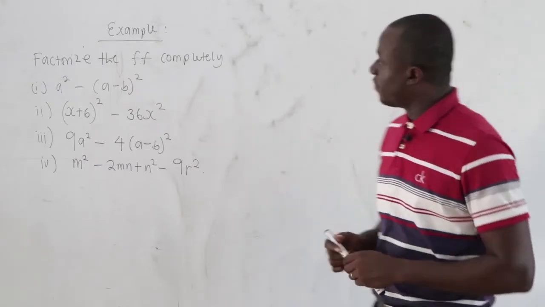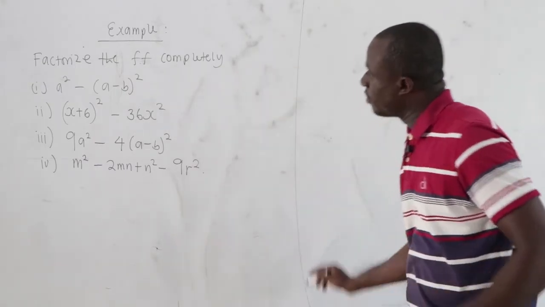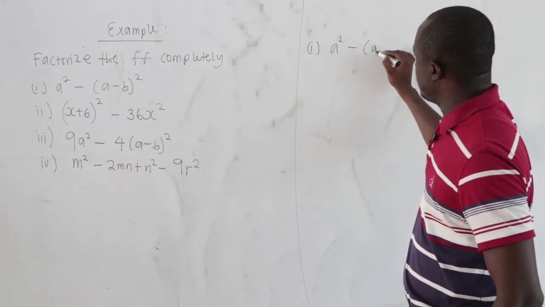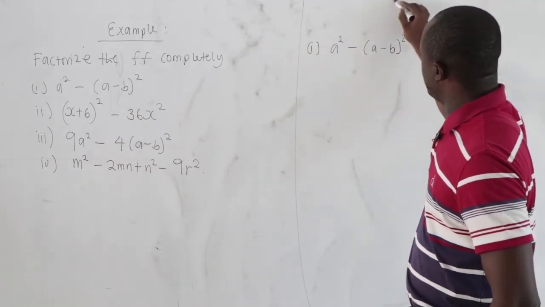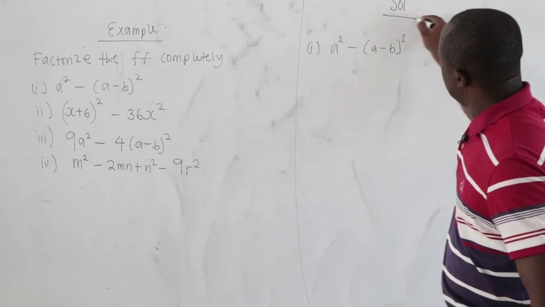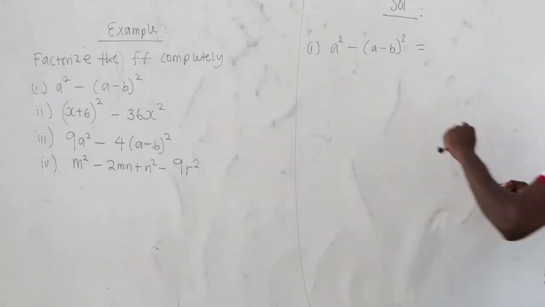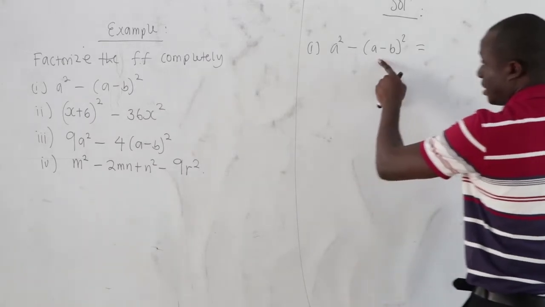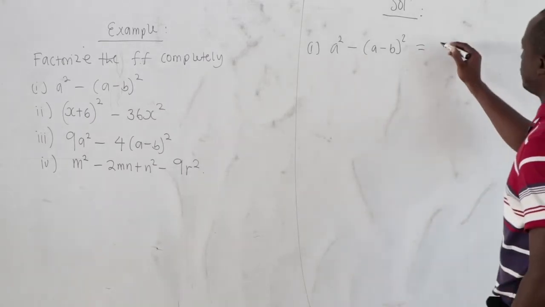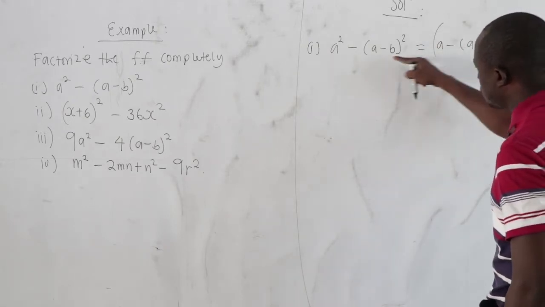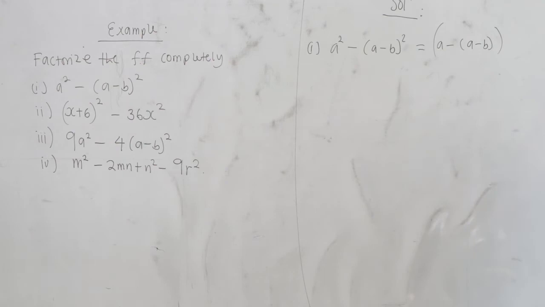Now let's consider the following example. Factorize the following completely. We have a squared minus a minus b all squared. This, we know, is a minus b, plus a, and the whole of this is our b. That is a minus b, and because this is 2 terms, that is why I have the brackets. And then I have a plus a minus b.